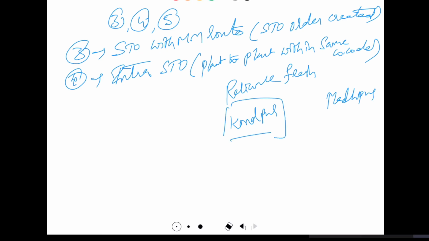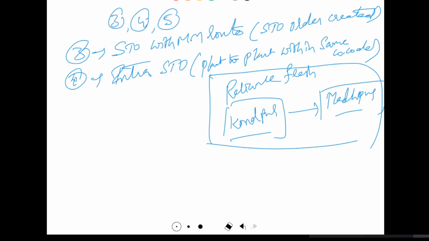Now I need to transfer stock from Kondapur to Madhapur or Madhapur to Kondapur. Since it is in the same company code, we don't need to charge anything. We just maintain the inventory, but we are not required to pay any amount to the Kondapur branch or Madhapur branch. Why? Because legally we are just transferring from one plant to another plant, either a manufacturing plant or a depot plant.